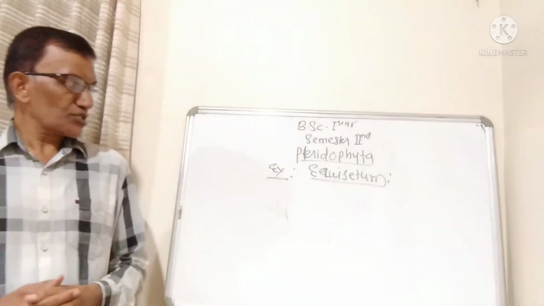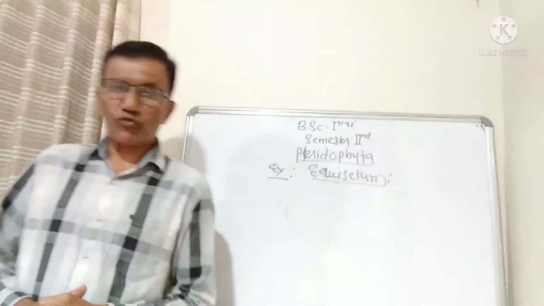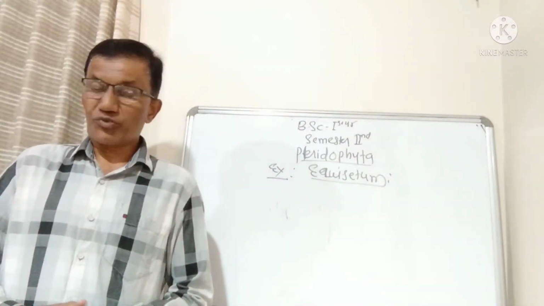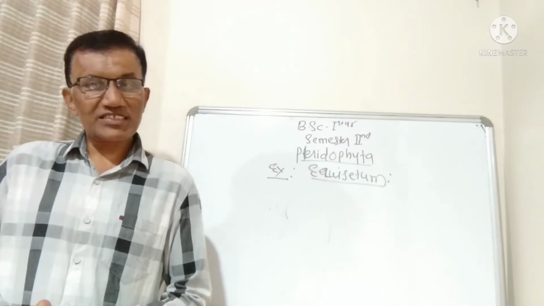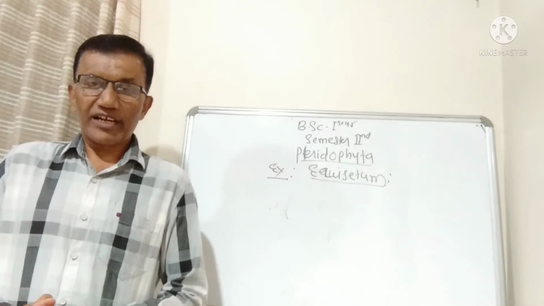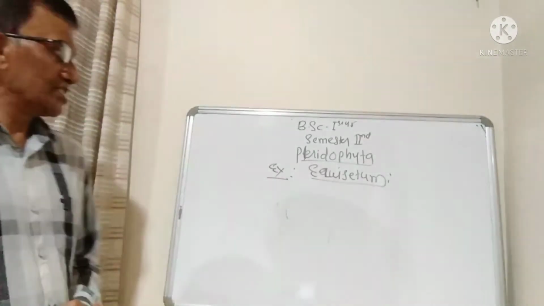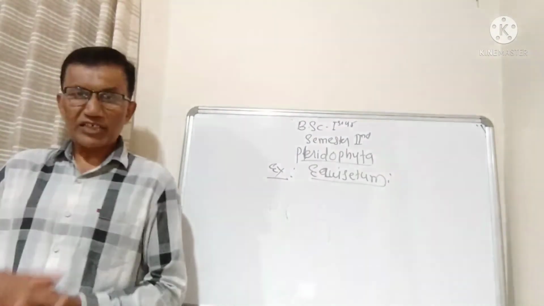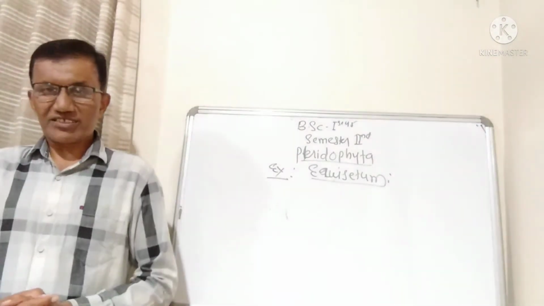The sporophytic plant body of Equisetum is well developed, diploid, and is mainly differentiated into two important parts, that is the rhizome part and the aerial part.